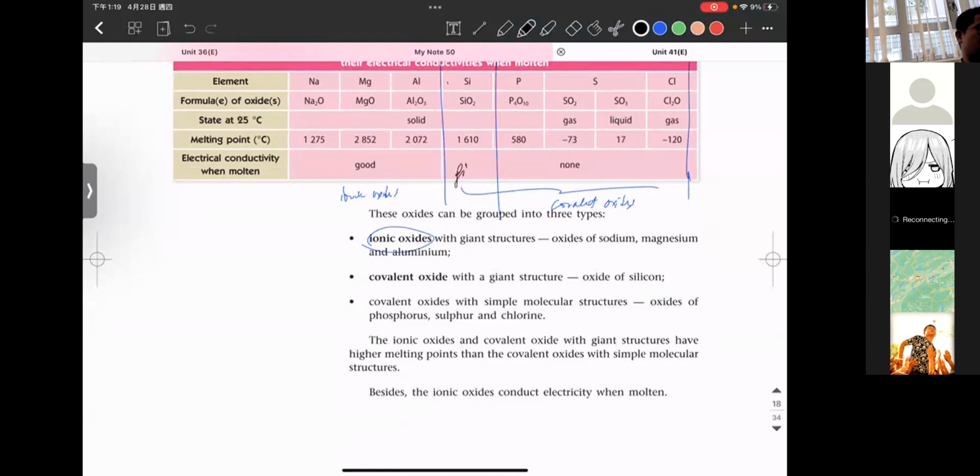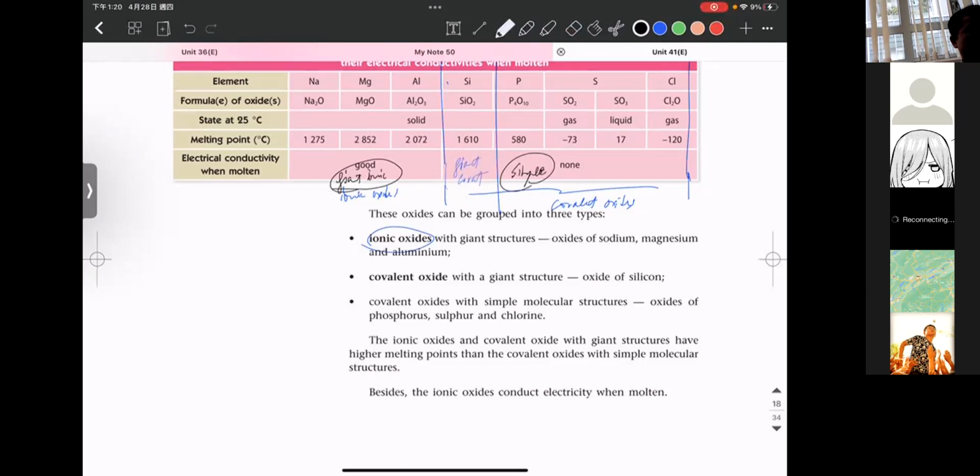You may have this one being a giant structure, while for phosphorus oxide, sulfur oxide, and chlorine oxide, it only contains simple molecular structure. But for ionic oxide, most of them or all of them, we describe as a giant ionic structure. All of you, please mark it down. Giant ionic structure.